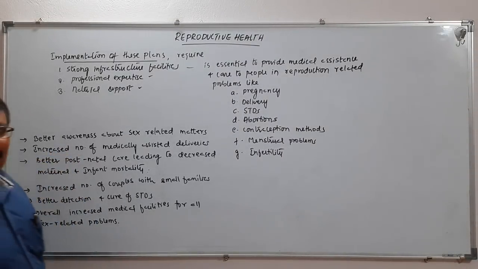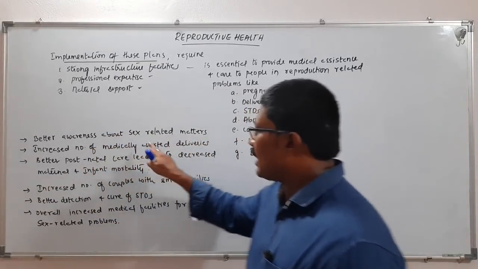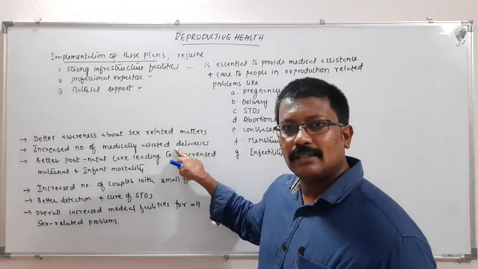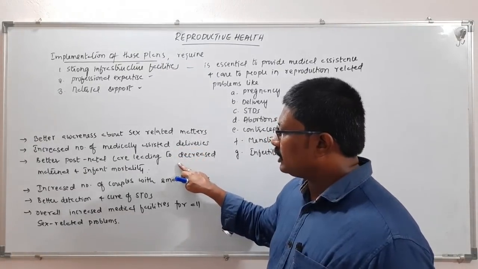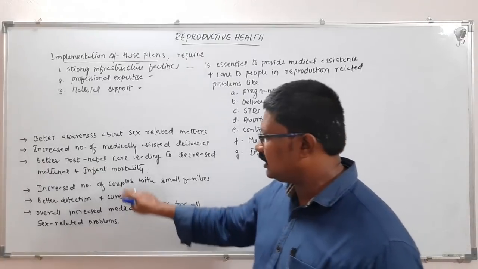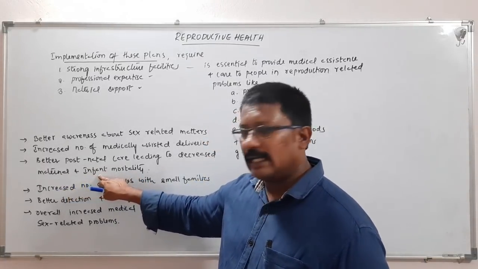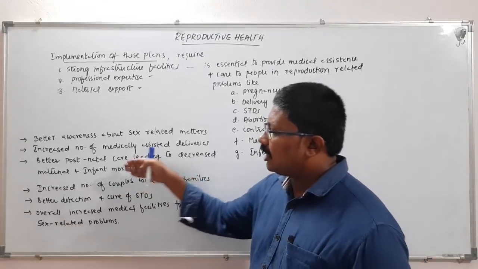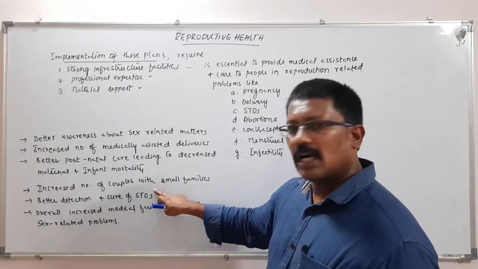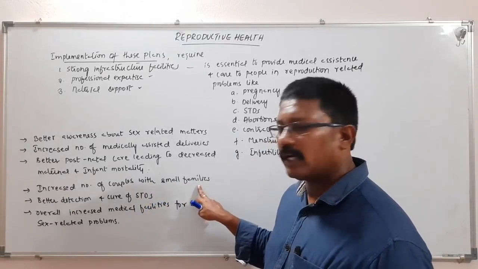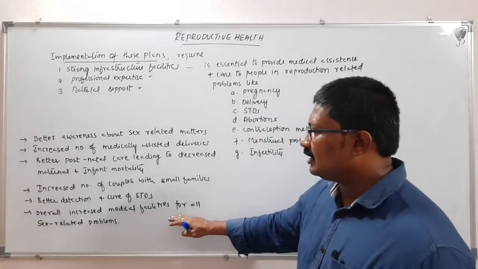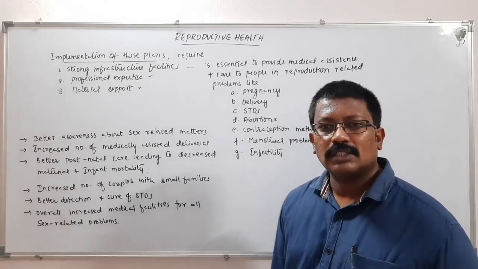Now if we see a better awareness about sex related matters, an increased number of medically assisted deliveries, and better postnatal care leading to decreased maternal and infant mortality, which means the mother and child deaths can be decreased. And again, an increased number of couples with small families, better detection and cure of STDs, and even increased medical facilities for all sex related problems.